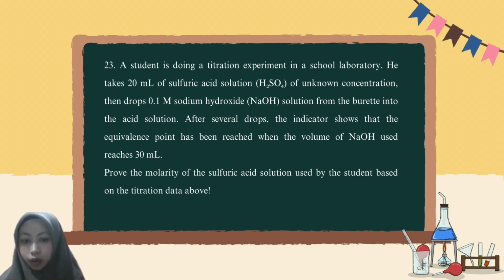After several drops, the indicator shows that the equivalence point has been reached when the volume of NaOH used reaches 30 ml. Prove the molarity of the sulfuric acid solution used by the student based on the titration data above.